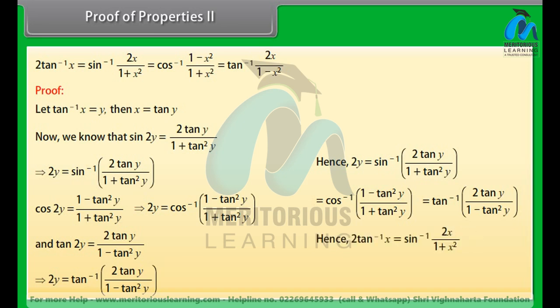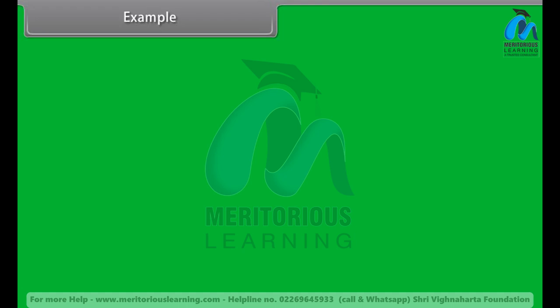Hence, 2 tan inverse x is equal to sin inverse 2x by 1 plus x square is equal to cos inverse 1 minus x square by 1 plus x square is equal to tan inverse 2x by 1 minus x square. Example.